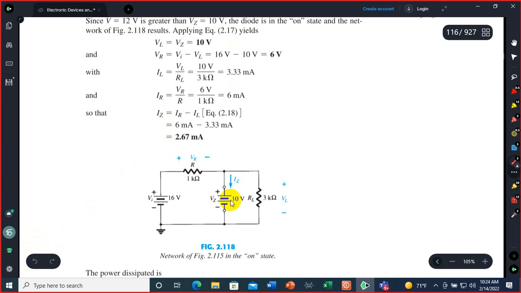And what is IZ? The current through the zener diode is IR minus IL. So this is total current IR minus the load current. You have found the load current is 3.33 milliampere.